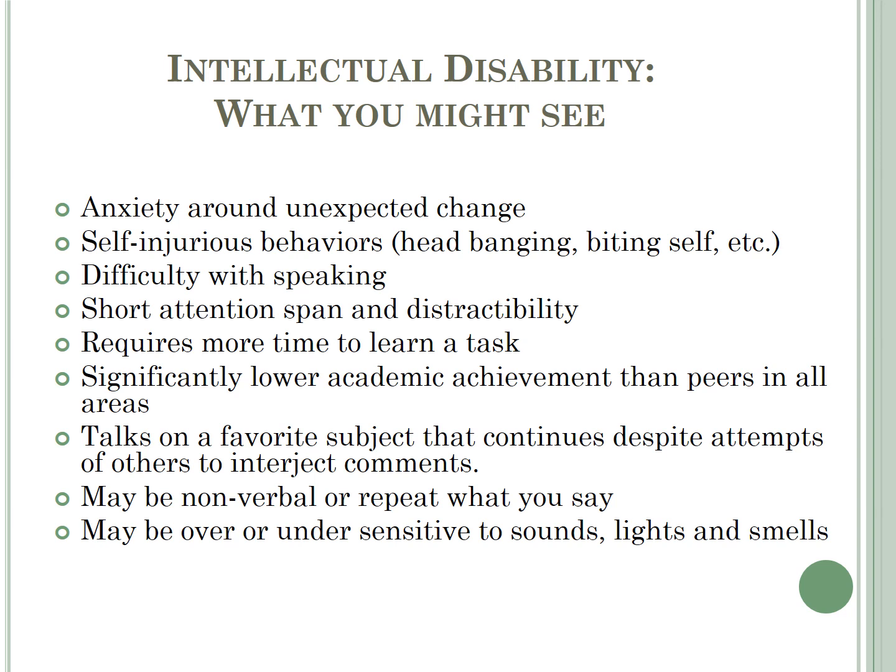They're going to have significantly lower academic achievement than their peers. They're going to talk about a favorite subject despite people trying to change the subject. They may be nonverbal, and we now use the term non-traditional communicator, or the person might repeat back what you say, and the person might be over or under sensitive to sounds, lights, and smells.